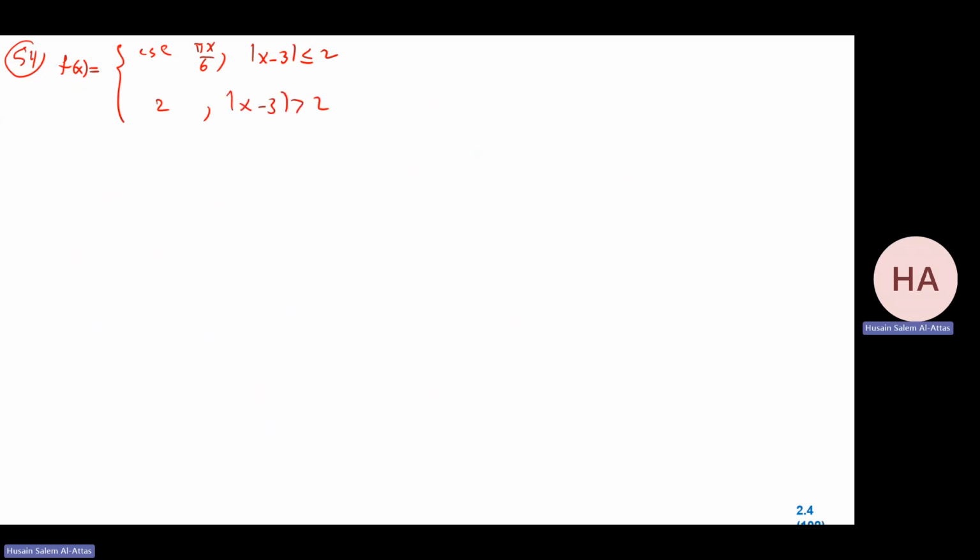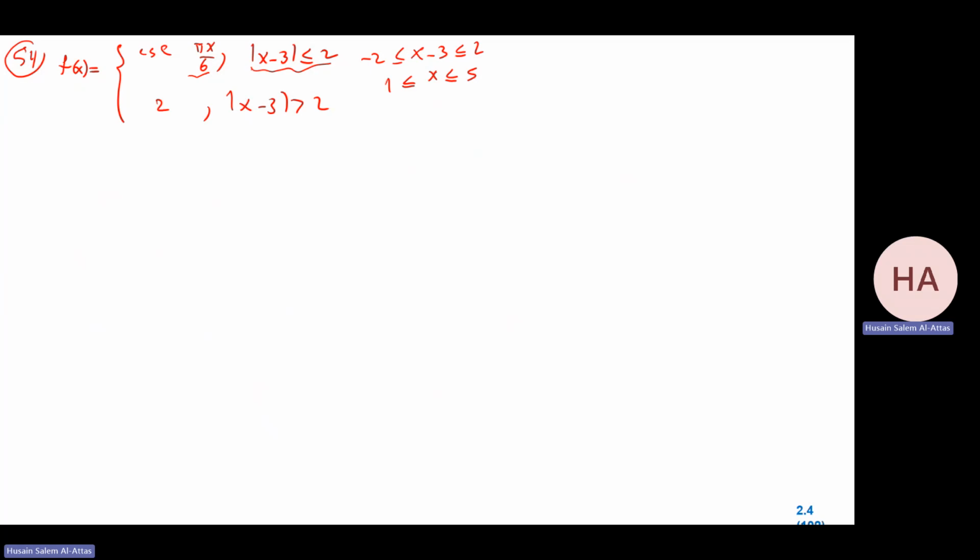No, maybe there's no mistake. The same idea, I will deal with this one. I make it x minus 3 between -2 and 2. So x between what? 1 and 5. If we substitute, you have what? Pi over 6 and 5 pi over 6, which is first and second quadrant, so everything is defined. You have no problems. Nothing will go to 0.